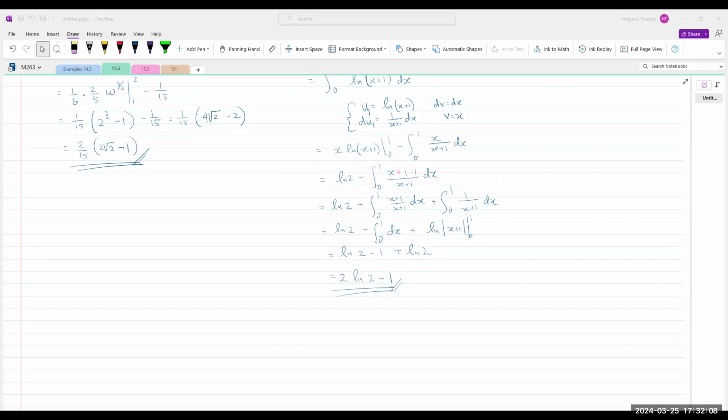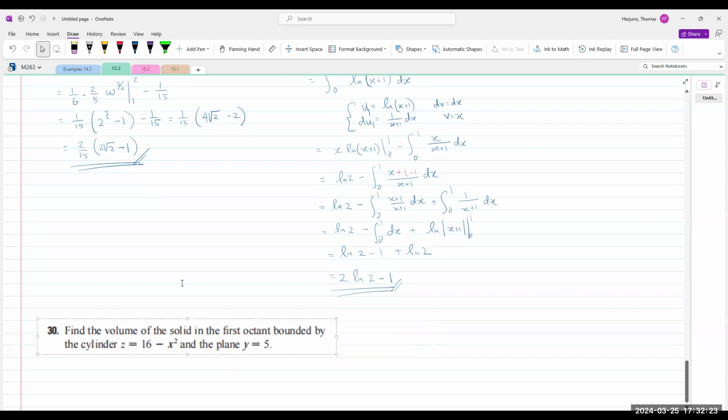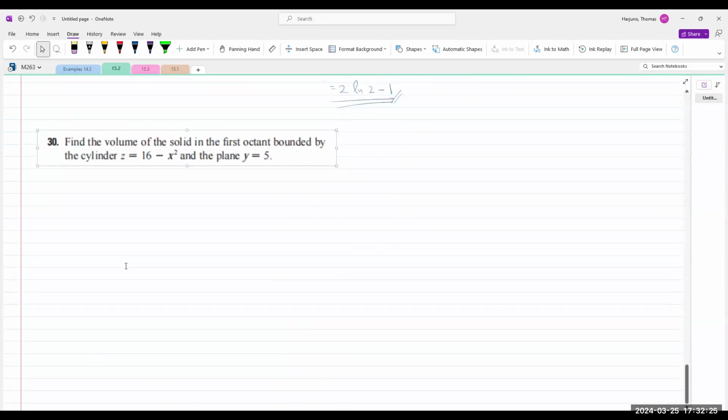Let me randomly pick a question that I don't know if it is doable with what I taught you today. Number 30. Find the solid in the first octant bounded by the cylinder z equals 16 minus y squared and the plane y equals 5.